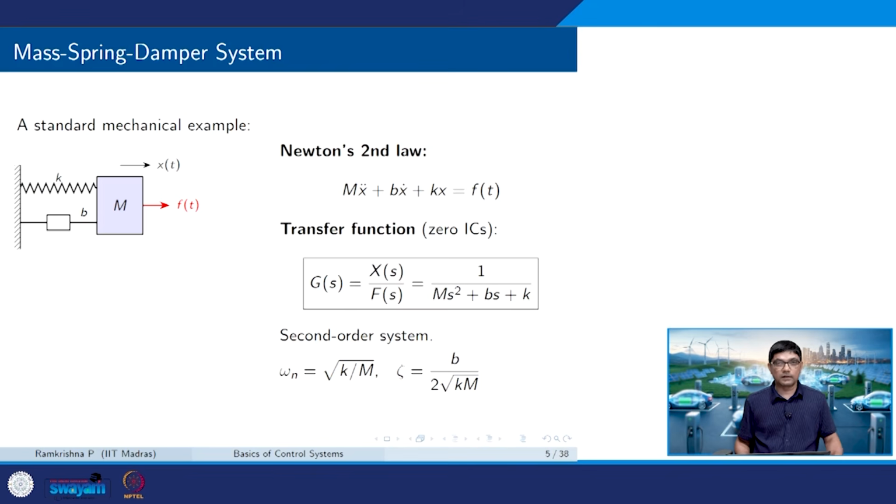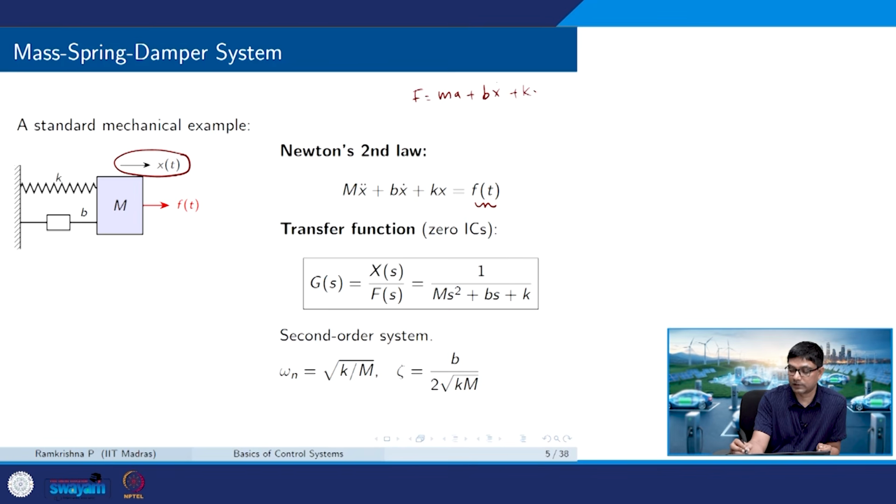If I instead take a standard mechanical system equivalent to the circuit I did, I have a mass, spring and damper system. The input is my force. Let us say the output I measure is my displacement. I can just write down Newton's laws coming from F equal to ma, with some terms taken care of by the frictional forces, and I have the spring constant and so on.